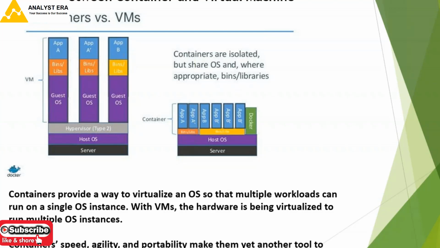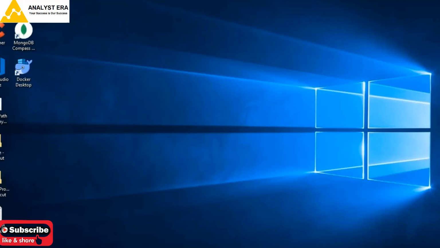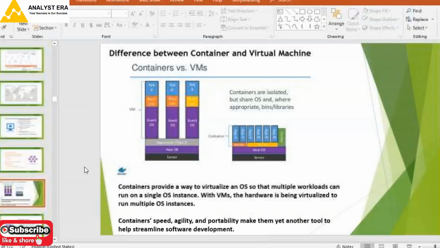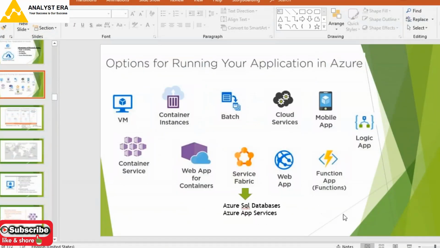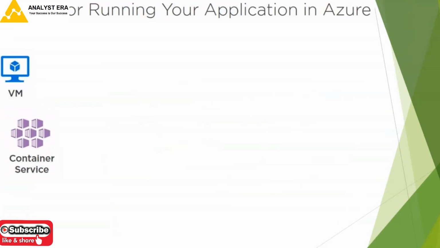I can take another 10 days just to explain how Docker works, what the advantages of Docker are, and what Kubernetes is. These are independent topics in themselves, so we're not exploring that. We are in the DevOps world. This is just for your information, so that you're not blank when you hear terms like Docker. That's your container service.